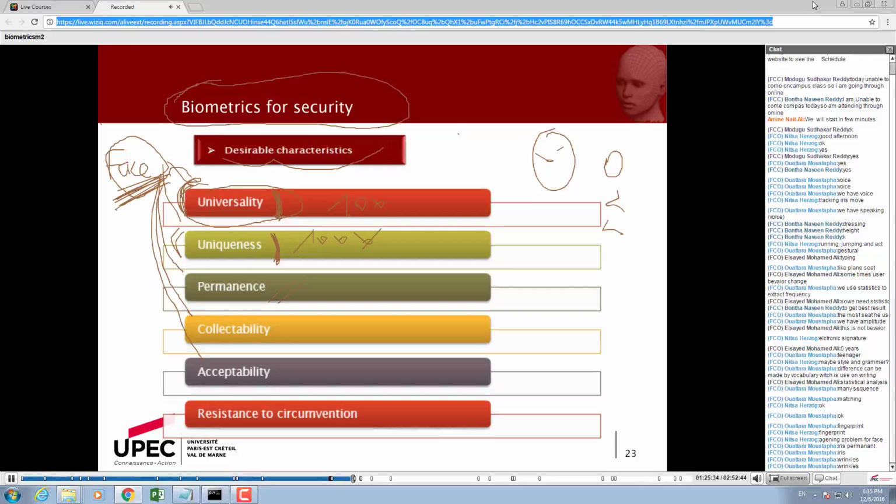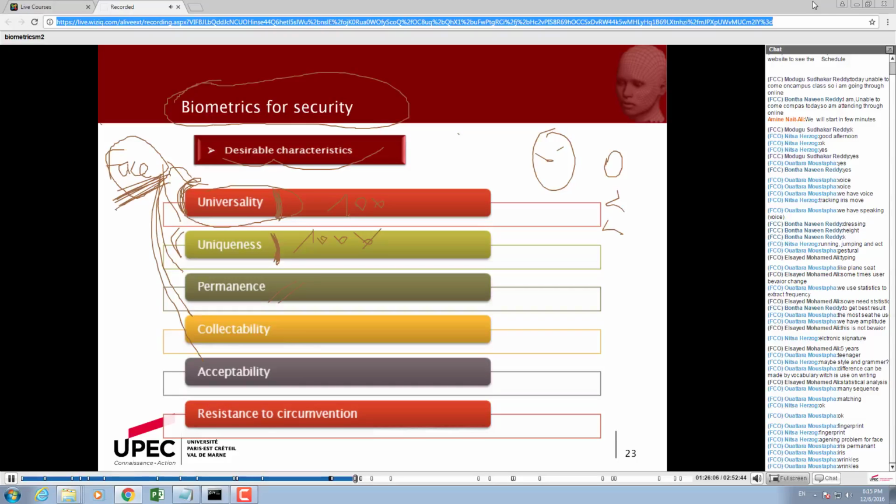So, as we said, for the uniqueness and permanence, some modalities change over time, some of them don't change. I had some propositions like iris. The iris is very stable.